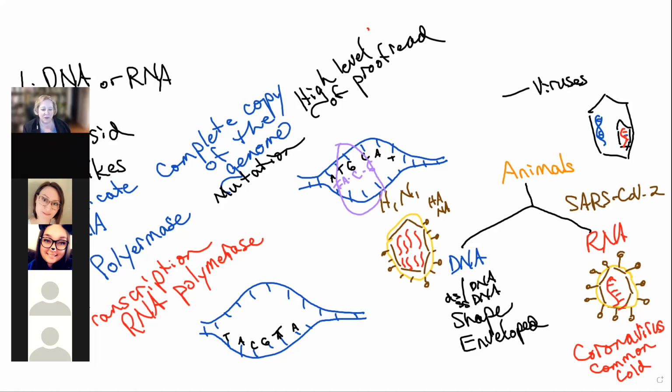Now, just because I'm used to drawing the mRNAs flopping off. Now let's say that RNA polymerase, instead of putting a C here, accidentally puts an A. It does the same thing that DNA polymerase does, but it doesn't do it as well.